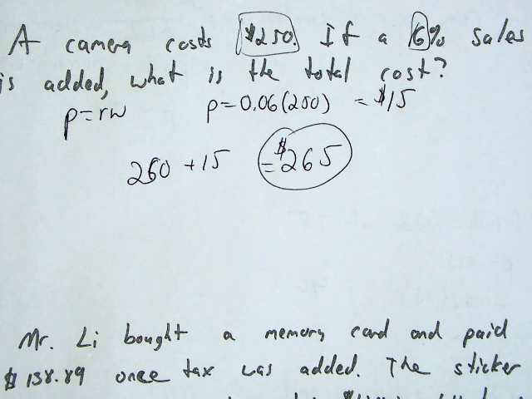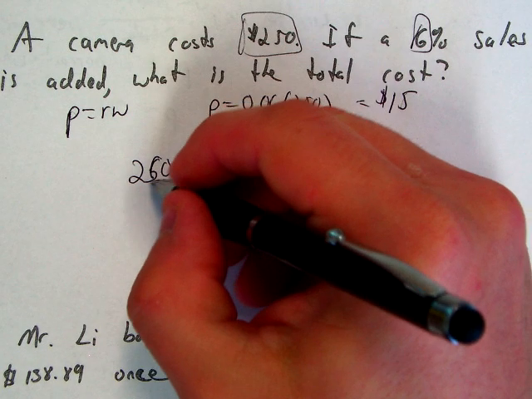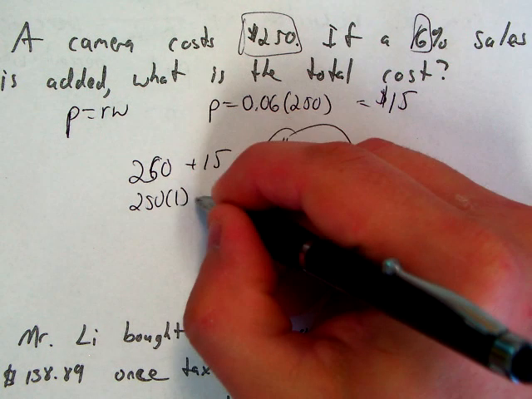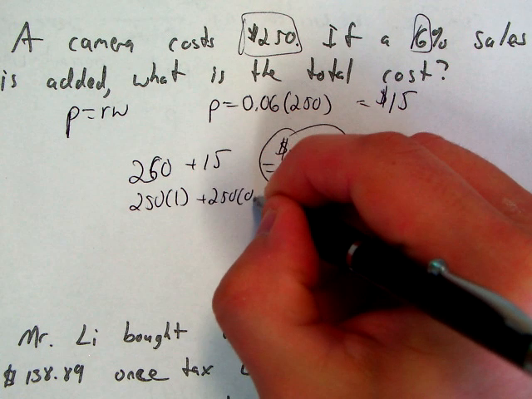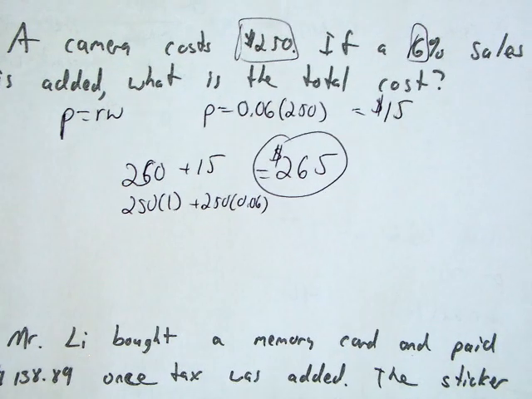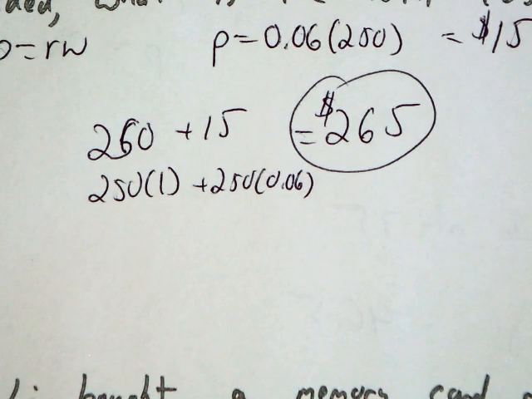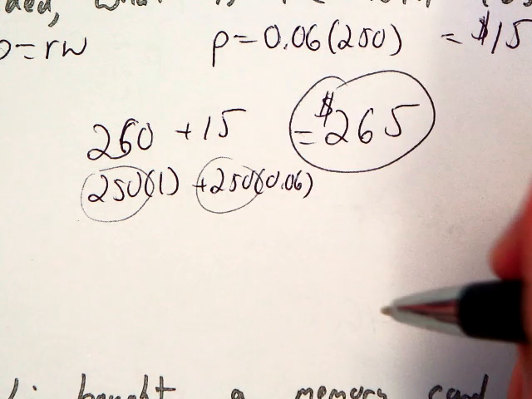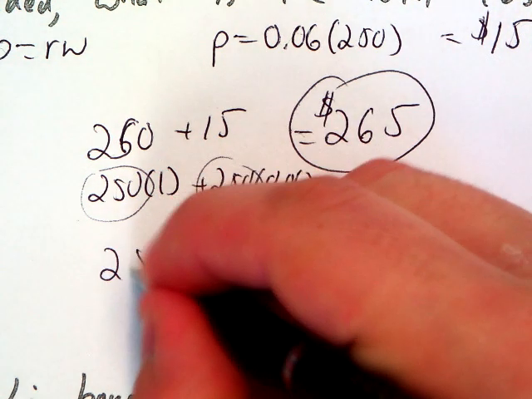Now, another way that we can actually do this is to combine both of those steps. So really, this is 250 times 1 plus 250 times 0.06. So if I were to factor this, or use the distributive property, I would see that the 250 is a common factor, so I can pull that out.